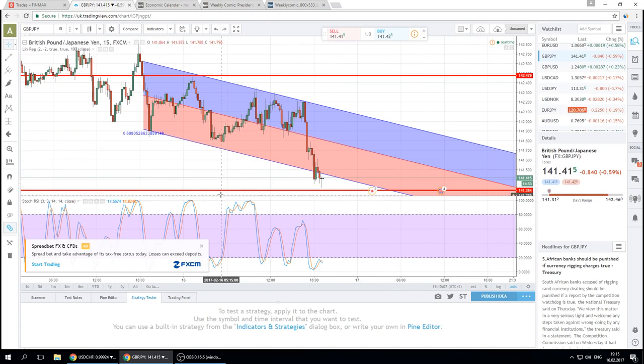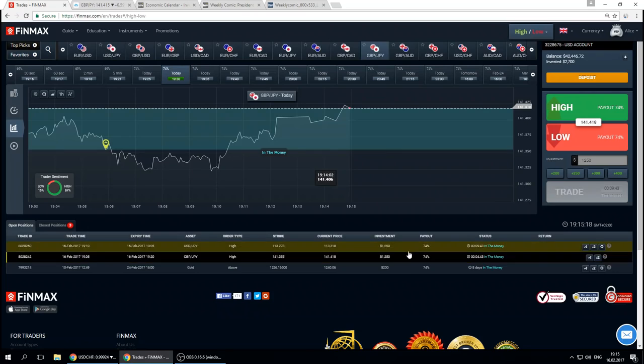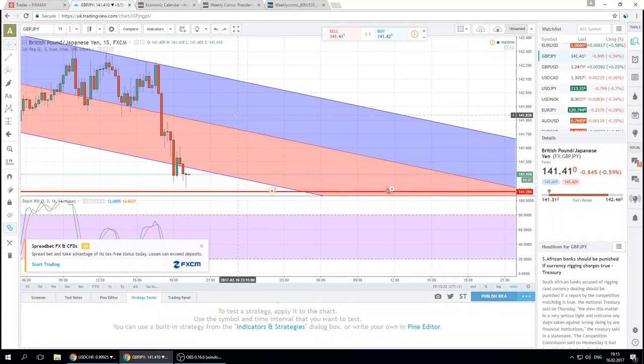Here you see that the prices are testing this level. And for us, that's a good situation, because we can close our trade in the money.